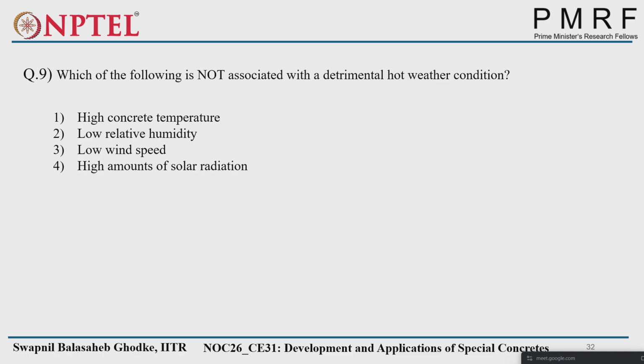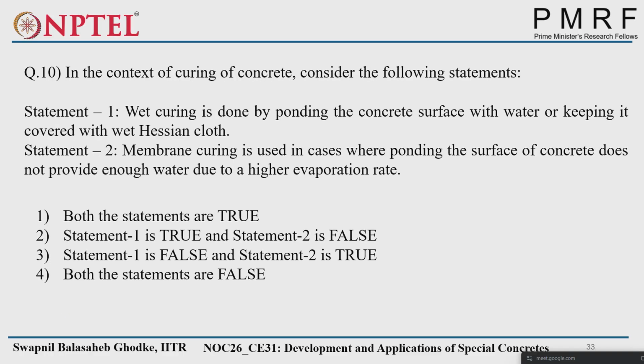Because in hot weather conditions, hot concrete temperature will be there. Low relative humidity because of the hot weather, so the surrounding humidity will be lower. High amounts of solar radiation because of the sun. But wind speed does not depend on the hot weather condition. It is a different aspect. So that's why option 3.